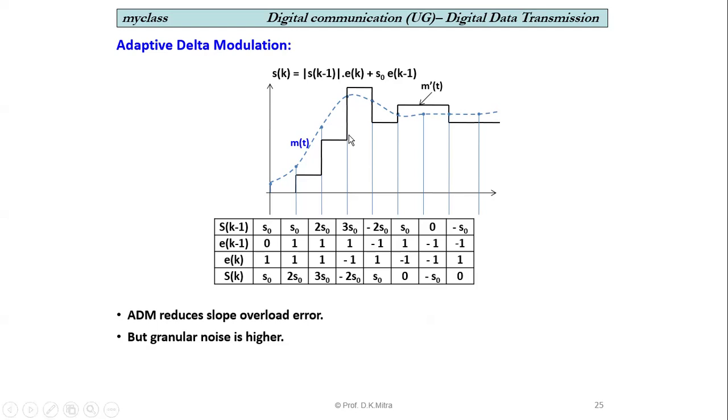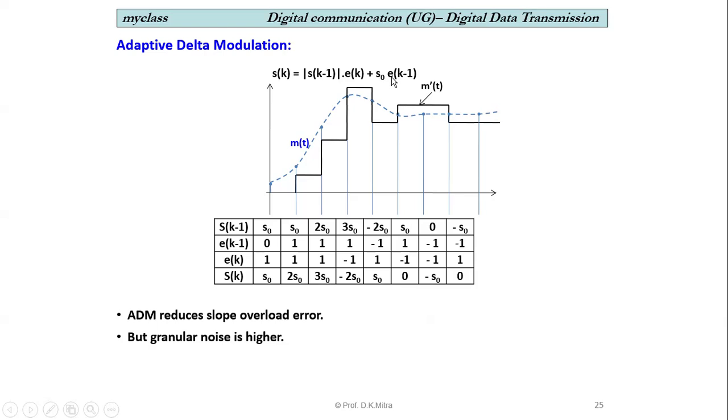And last time also my error was positive, because when I took the sample, the signal was higher than the accumulator value. And when I take the sample now, I find that my accumulator value is higher than the signal value. So my error is now minus 1.